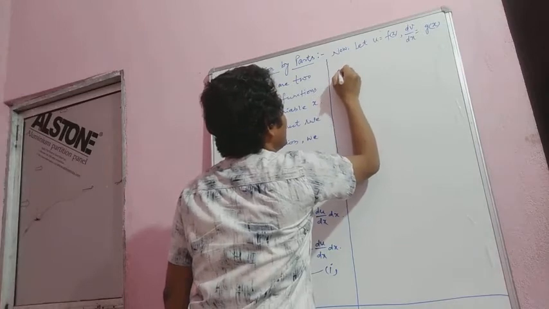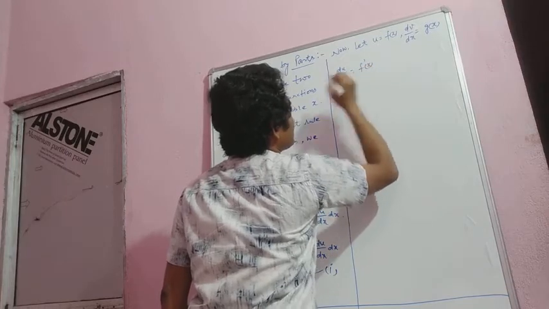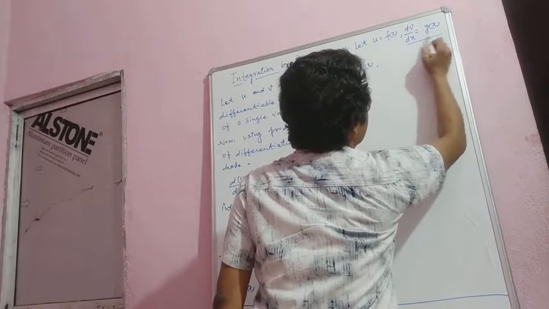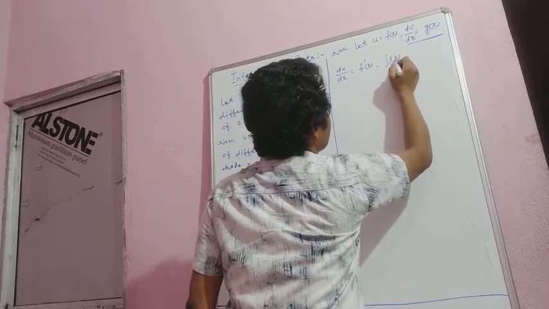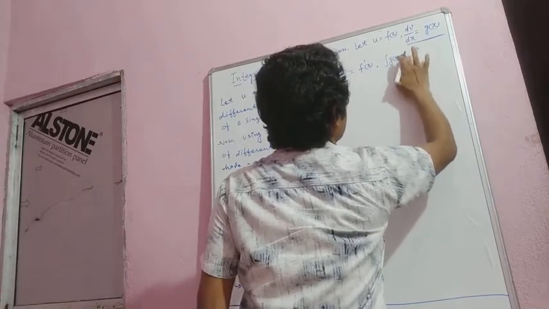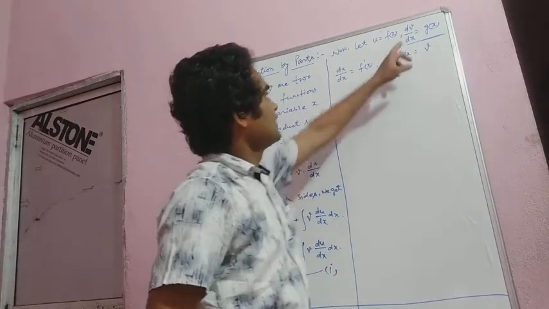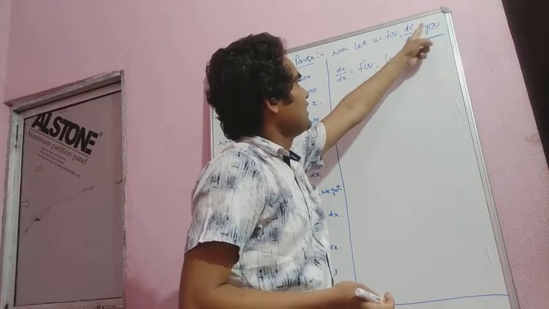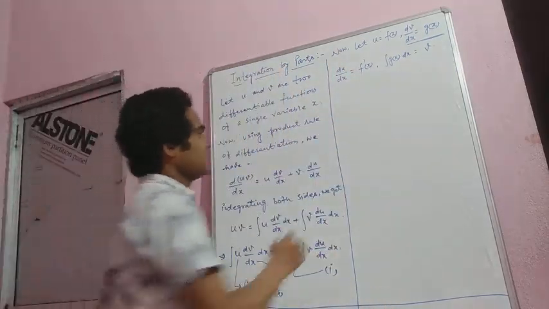From here, du/dx is equal to f'(x), and by the definition of integration, the integral of g(x) dx is equal to v. Since the derivative of v is equal to g(x), we can say that the integral of g(x) is equal to v.